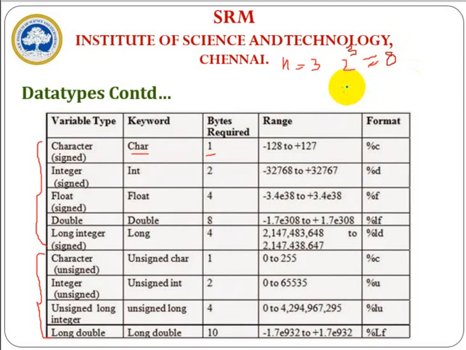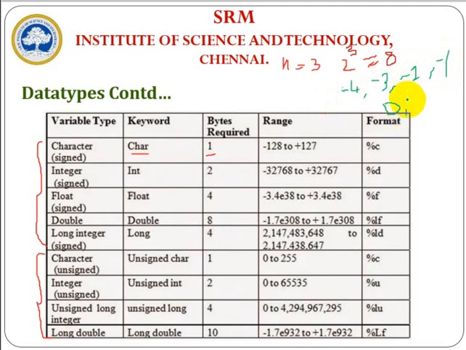So 8 values means, say, from -4, -3, -2, -1. These are the negative numbers, and the positive numbers start from 0.